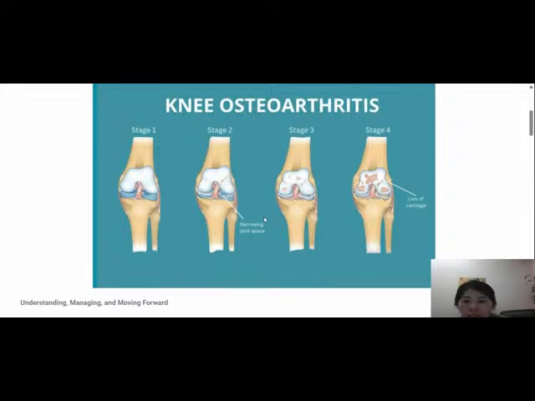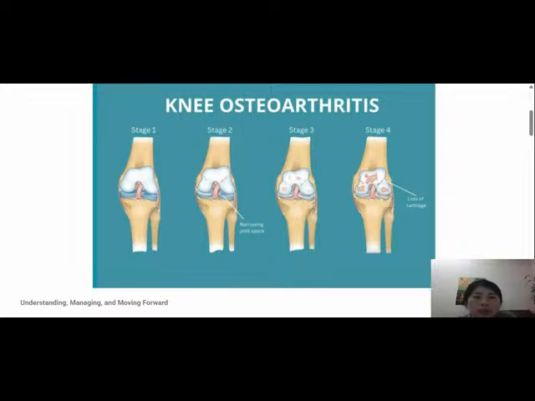So the cartilage has been reduced, and reduced, and there's no space between the joint, bone to bone. So that's the 4 stages of the knee osteoarthritis.